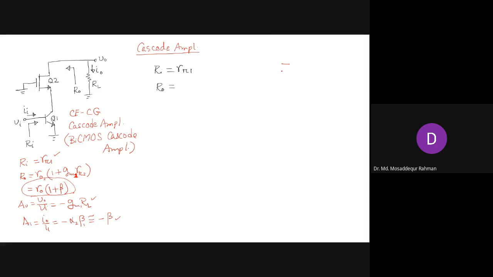From the output side, it looks like this, right? So this is our Q2. And then down here, instead of Q1, you can just draw a small r naught 1, right?